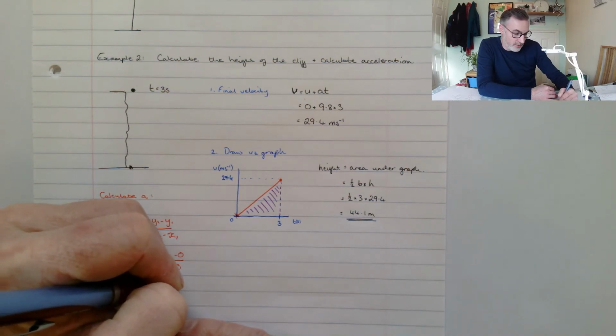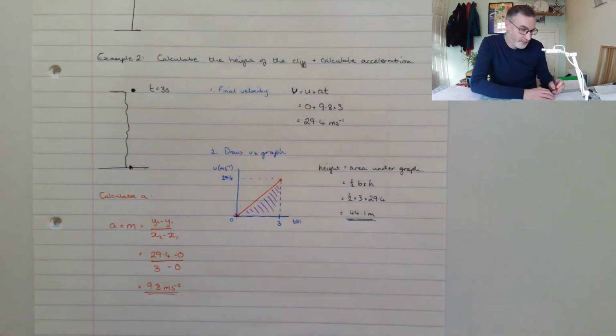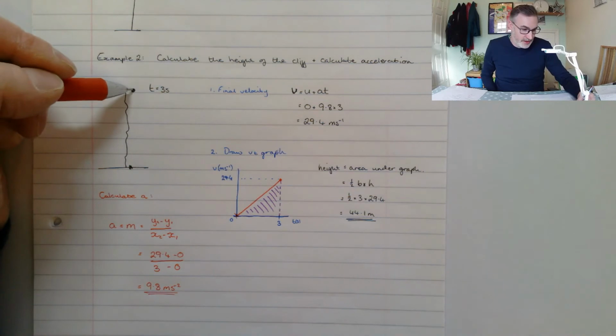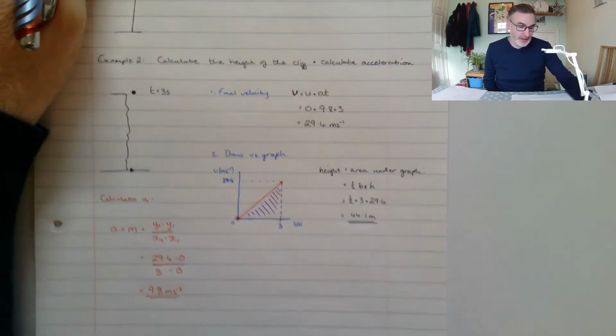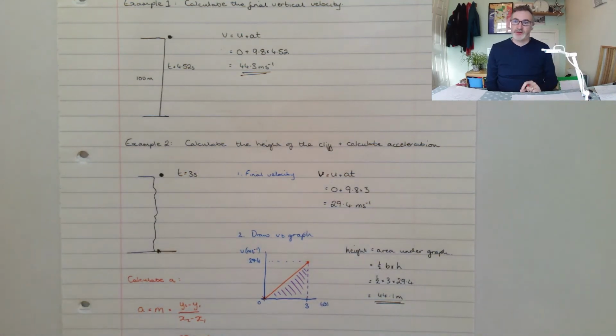And we're not going to forget the unit of acceleration, which is meters per second squared. Okay, so we now have everything that we need to calculate the vertical motions of objects falling with projectile motion.